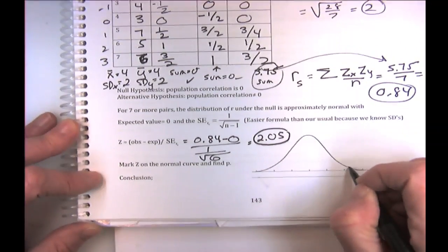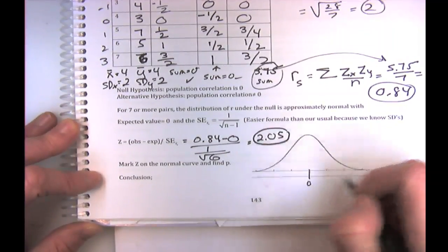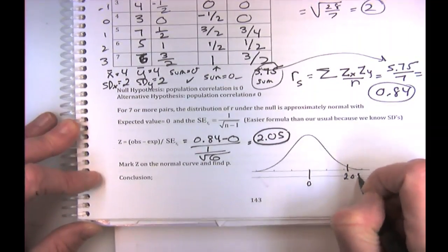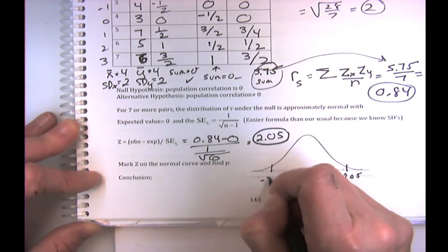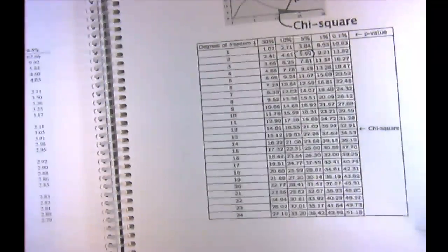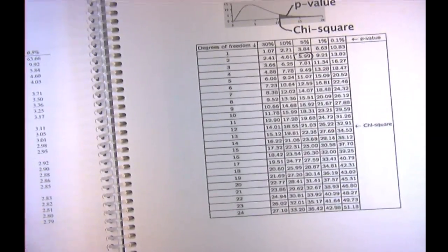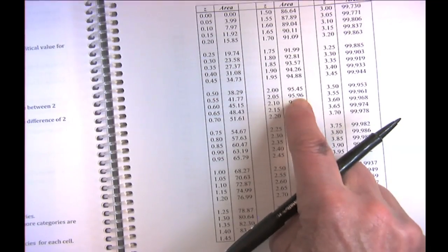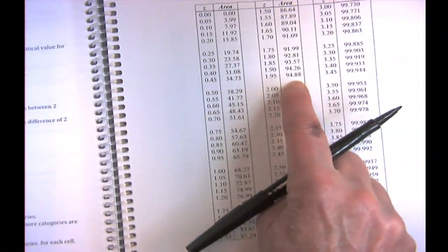So I'm going to mark that on this curve. 0 is in the middle. I'm going to mark 2.05 and negative 2.05 and look in the back of the book. It's two-sided. So let's see. At 1.96, it would have been exactly 5%.